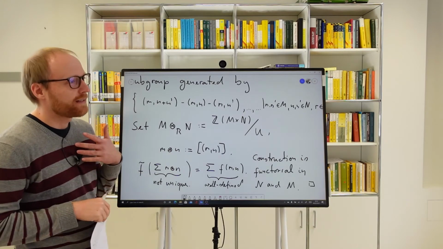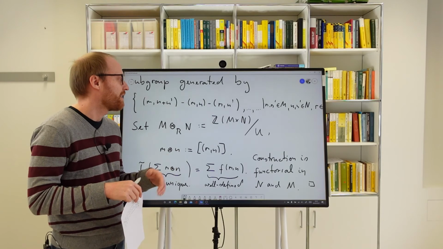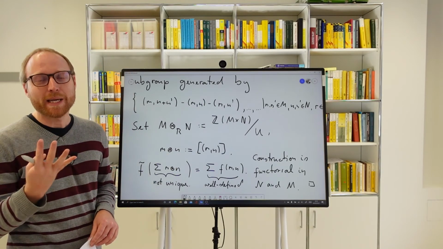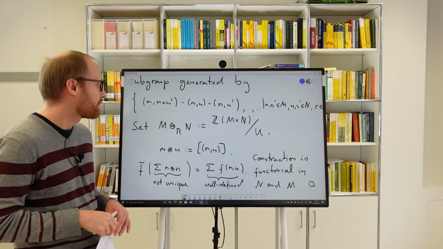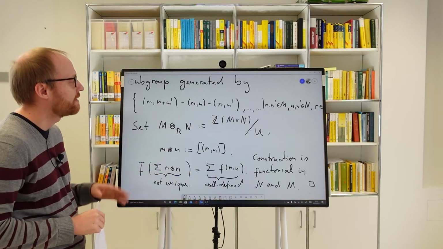Yeah? And this looks like a more efficient construction, and well, it is in terms of how large the objects are which you have to handle, but it's not a functorial construction, yeah, because you pick bases and you're not allowed to do any picking when you want to come up with a functor. Yeah? So that's why even in the vector space case, an analog construction to this one is the way to go.